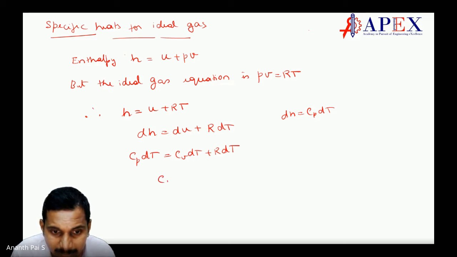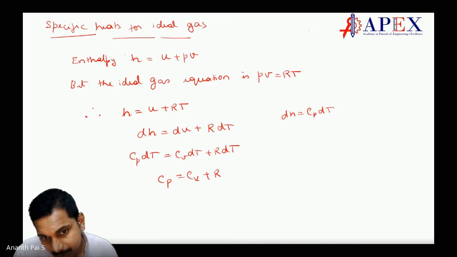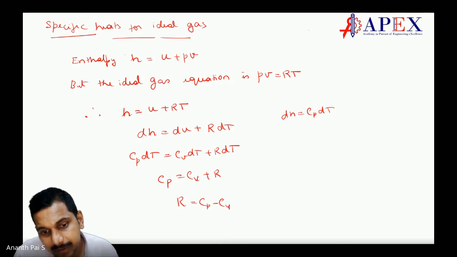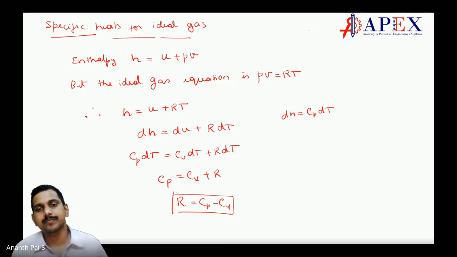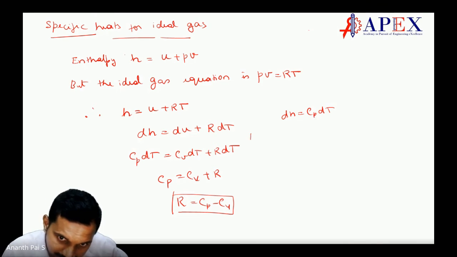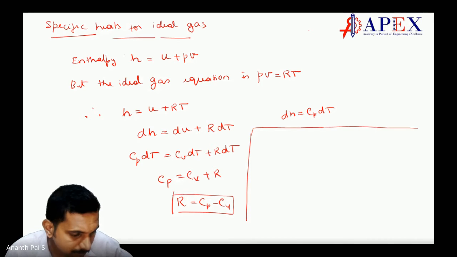We can write Cp is equal to Cv plus R, or R is equal to Cp minus Cv. Makes sense, students? In addition to this, there is a very simple one, but very important. We sometimes miss it.